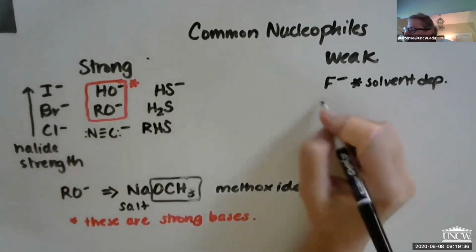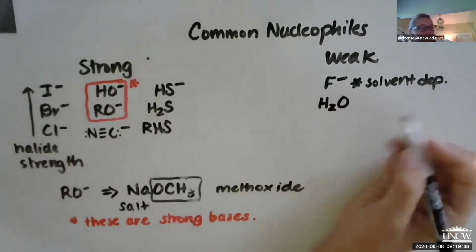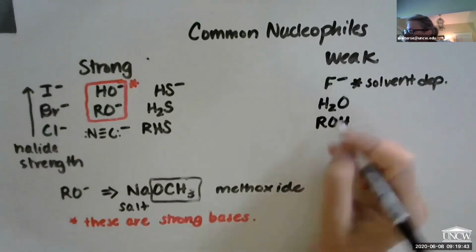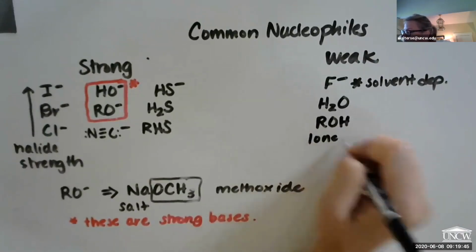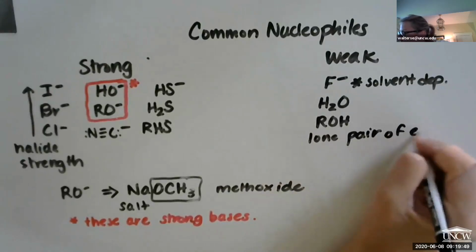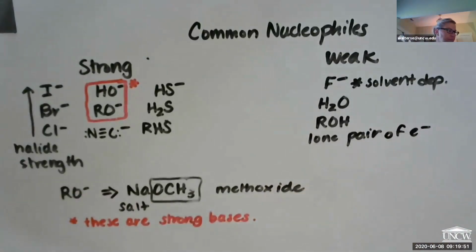Weak nucleophiles are going to be things like water. You could use an alcohol, just anything that's going to have a lone pair but with a neutral charge. Okay, are there any questions about the nucleophiles before we look at leaving groups?